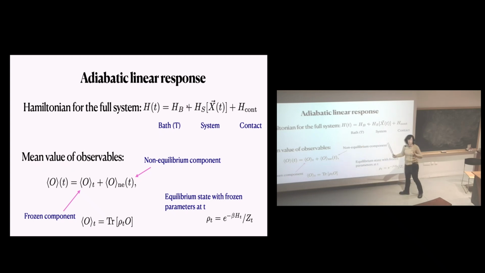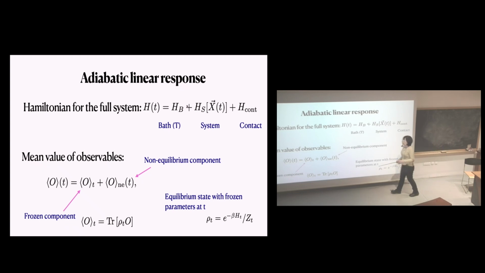So it's different from Kubo, where we are always evaluating the unperturbed quantity. The quantity that appears here in Kubo is the Hamiltonian without any time-dependent interactions. So now I want to do something different.